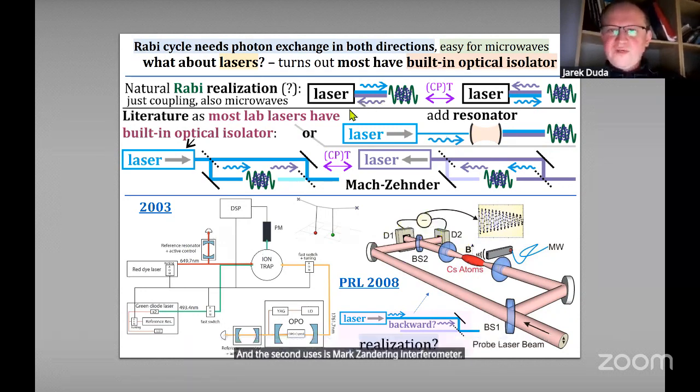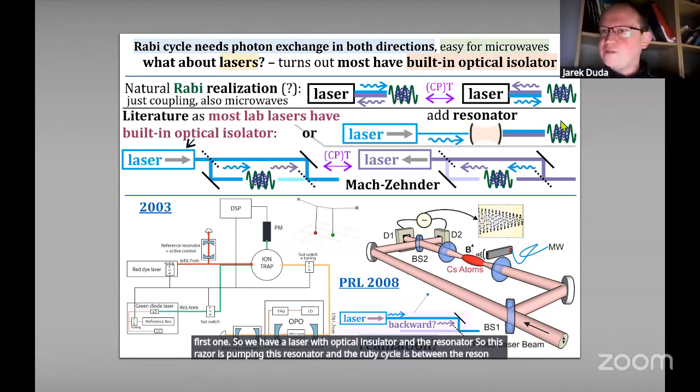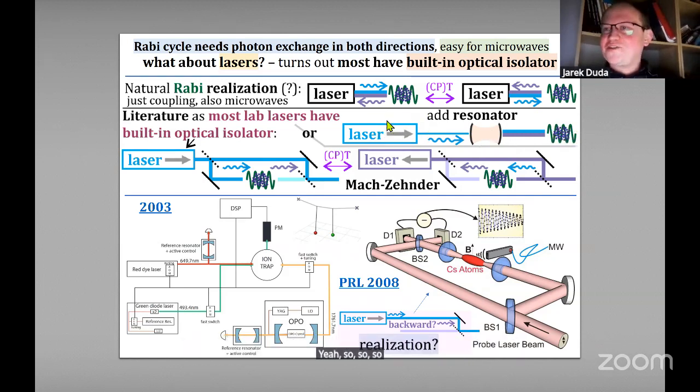So let's think about the first one. We have a laser with an optical isolator and the resonator. This laser is pumping this resonator, and the Rabi cycle is between the resonator and the atoms. So we can go around this optical isolator. And the Mach-Zehnder is also very interesting.